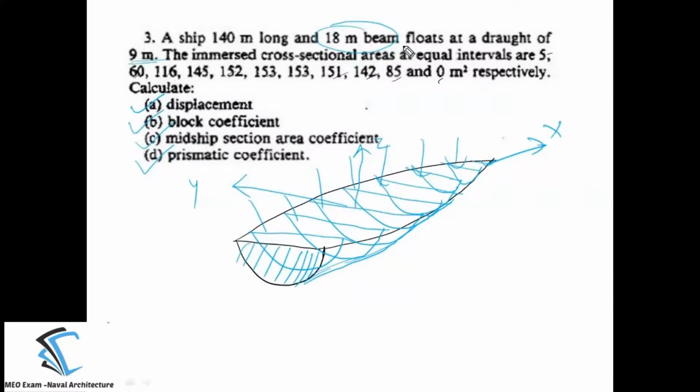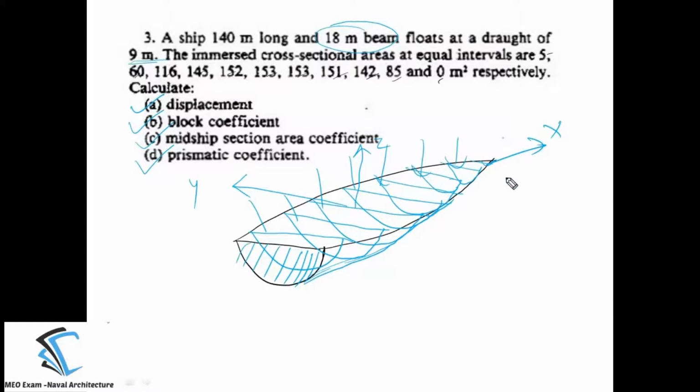This is the maximum draft of the ship. The immersed cross-sectional areas at equal intervals are given like this: 5, 60, 116, 145 and so on. Calculate the displacement, block coefficient, midship sectional area coefficient, and prismatic coefficient.